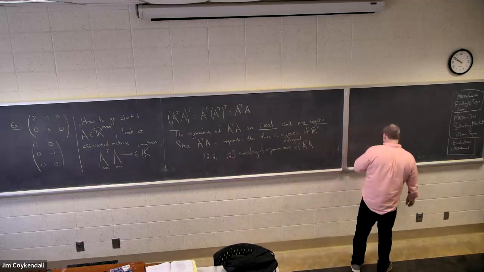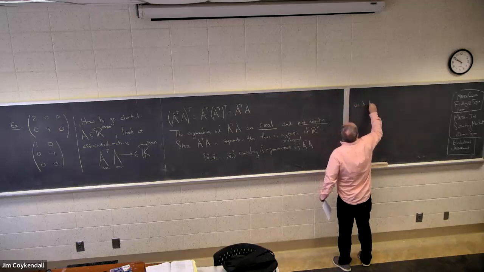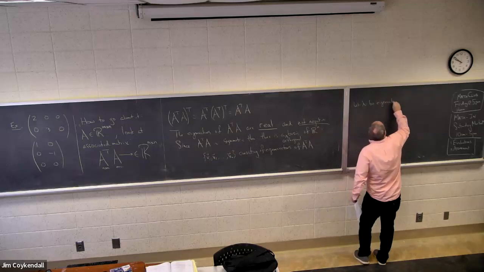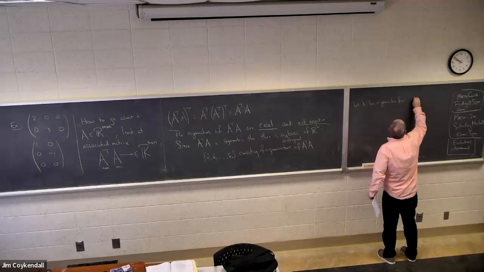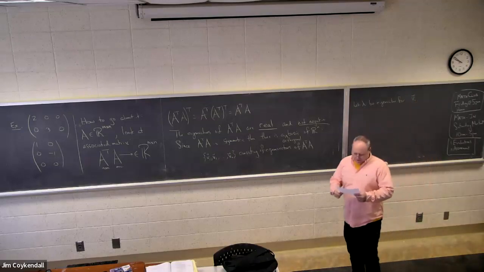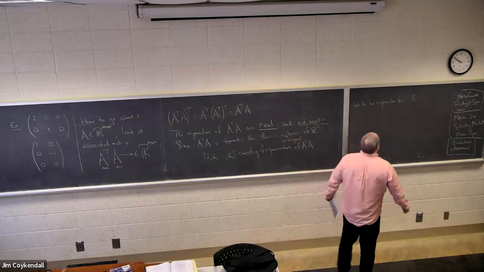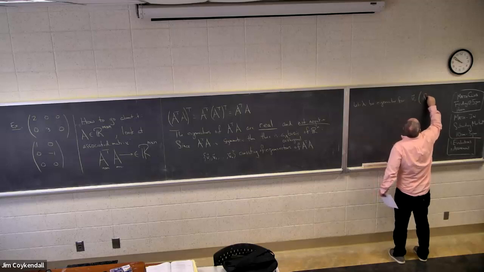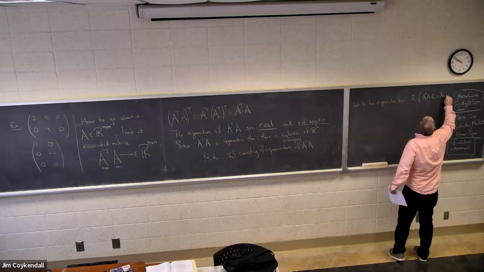And let's also suppose lambda_i is the eigenvalue for v_i. Now, I want to do this computation here. Let me make clear that I'm using A transpose A v_i equals lambda_i v_i.